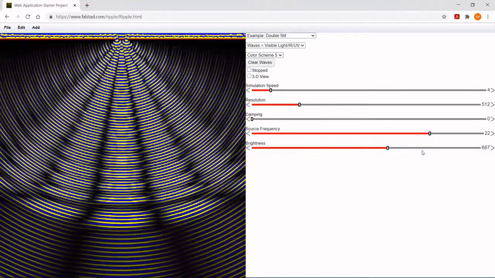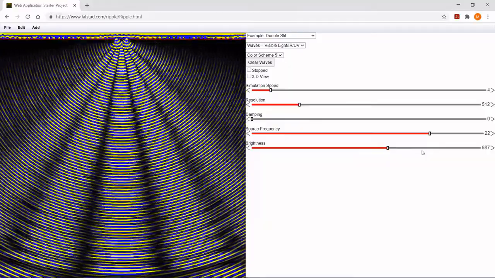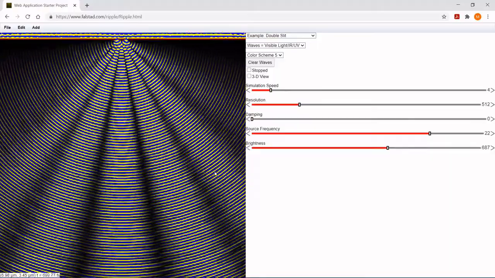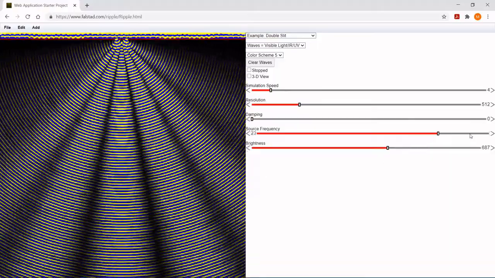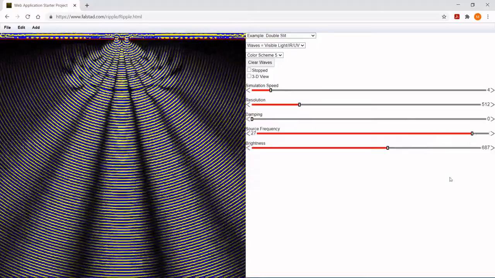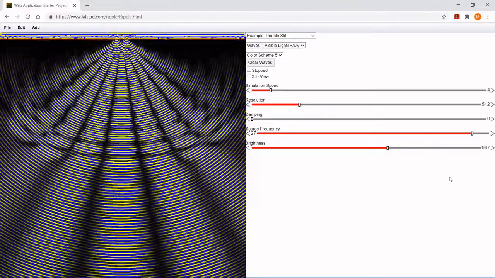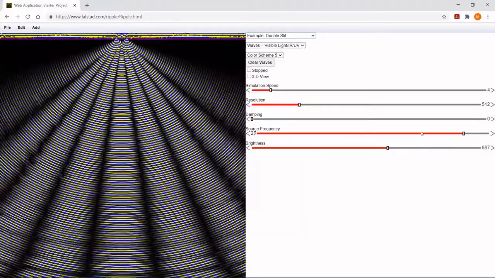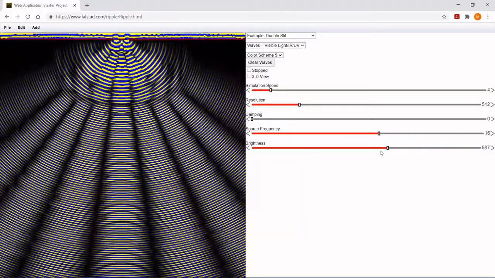Shorter wavelength, and yes, the effect wasn't as pronounced, and that's probably because of the dimensions here being a little bit different than the two source example. If I go all the way up, yeah, that makes it pretty clear that a shorter wavelength means a closer spacing. So let me go back to somewhere in the middle of the range.